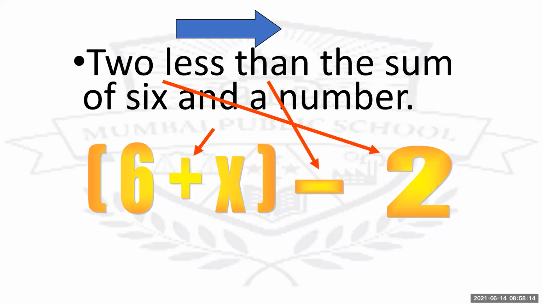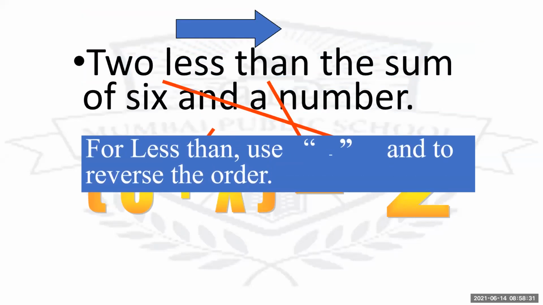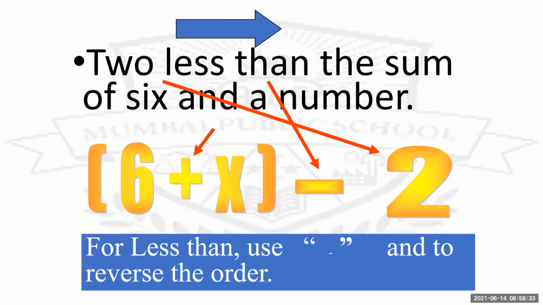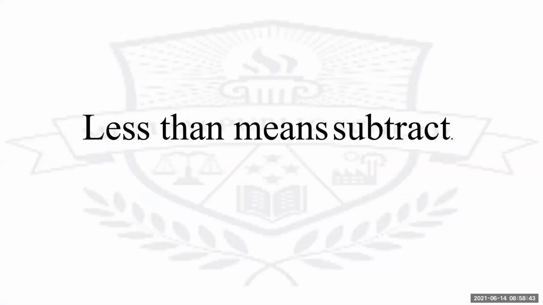Is this understood to all the students? 2 less than the sum of 6 and the number. So first you'll find the sum of 6 and the number, and then you're going to subtract 2 from it. Less than means subtract.